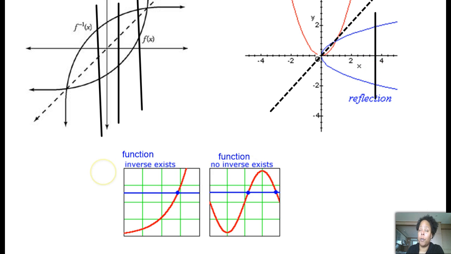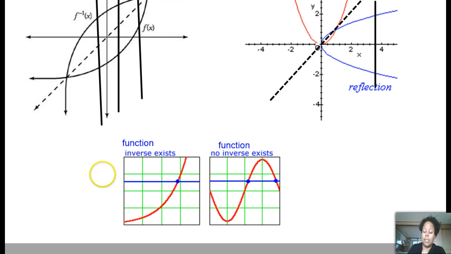Well, a function does not have an inverse function, even though we'll have an inverse relationship, if it fails the horizontal line test. If a horizontal line intersects the original function in exactly one spot, then the function does have an inverse function. But if it intersects in two or more spots, then the function does not have an inverse function.